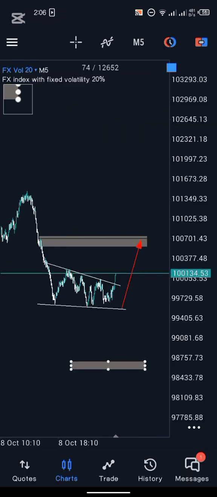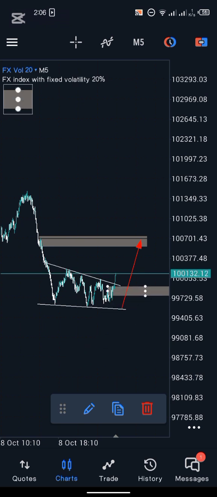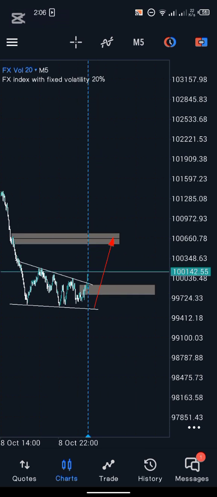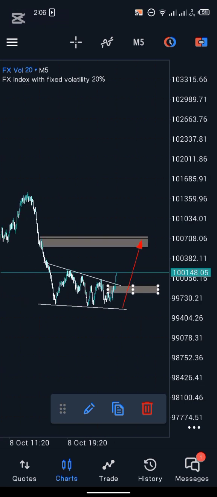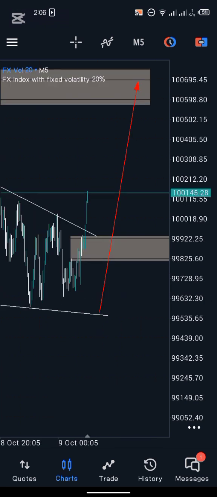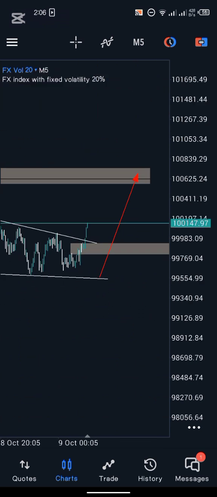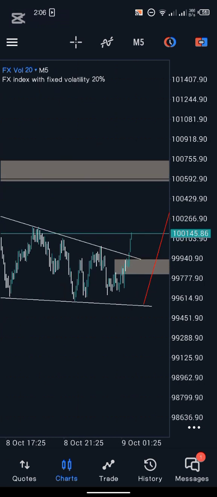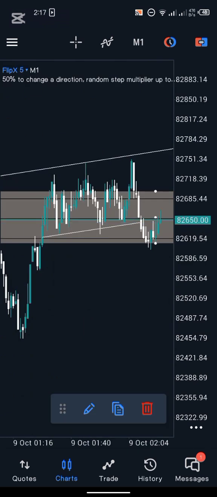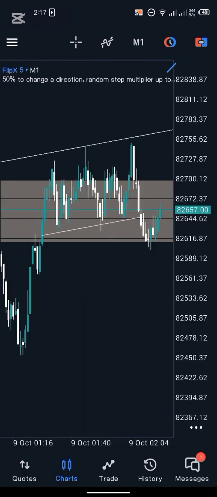We also have another trade we're looking at here, and this is on FX Vol 20. We know that price will be buying, but before it buys, it will react around that point. So let's wait for these trades and see which is better for us to enter. In case we get what we are looking for, a very strong signal and enough confluences, then we'll enter either of these trades.